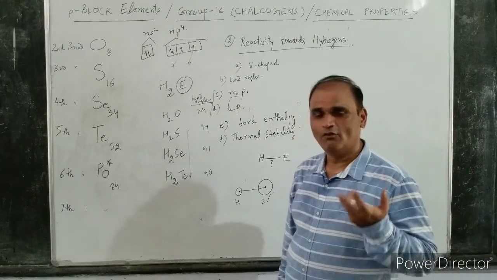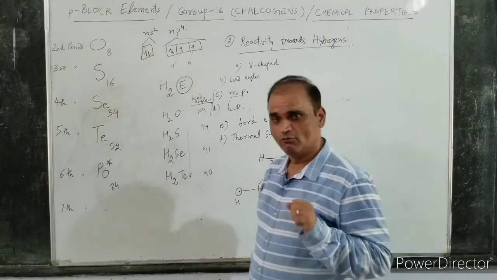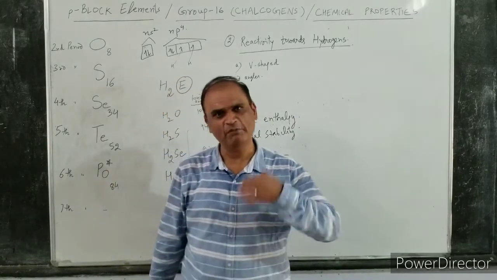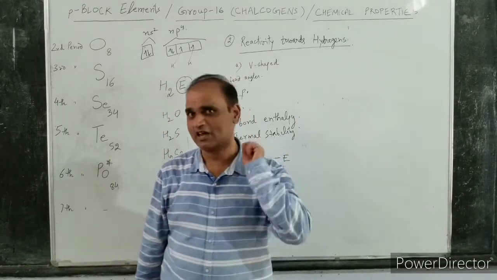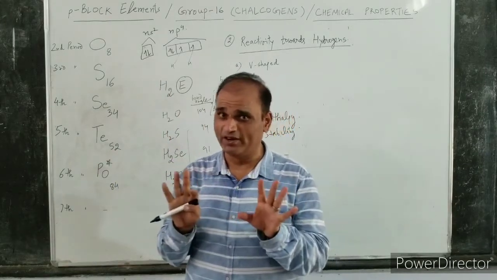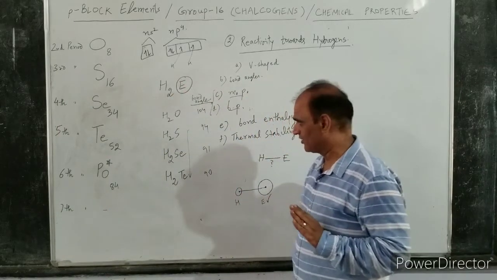That is why water is very stable. We boil water, H2O, it becomes steam. But even then it remains H2O. In steam also molecules are HOH. The H-O bond is not broken. The H-O bond is not dissociated. So water is thermally very stable.